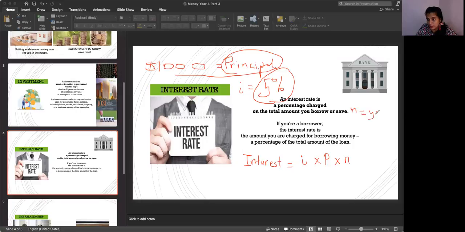If it's 1 year, you multiply by 1. If it's 2 years, you multiply by 2. Now, assuming in this case, you decide to put your money in the bank for 2 years.